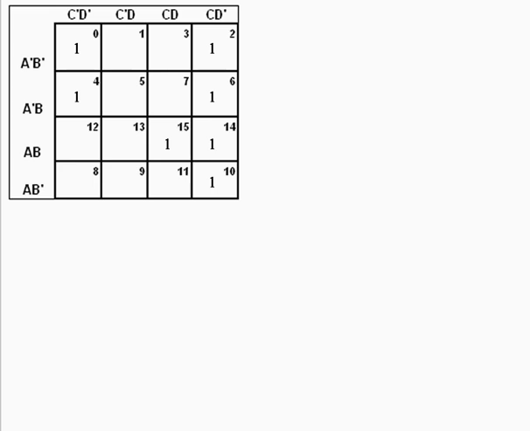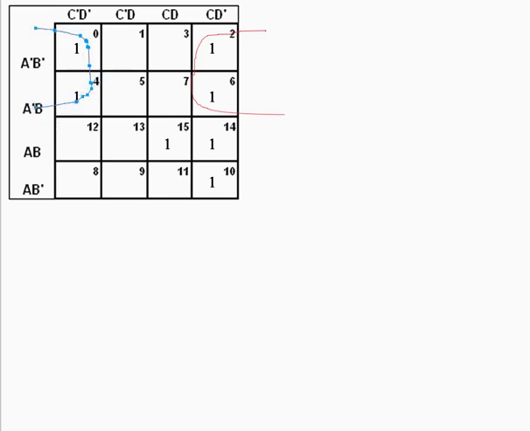But my solution would be the following. If you look at these two ones and then these two ones, they are adjacent. They can be grouped together because if you remember, the map wraps around, so these two can be grouped with these two.